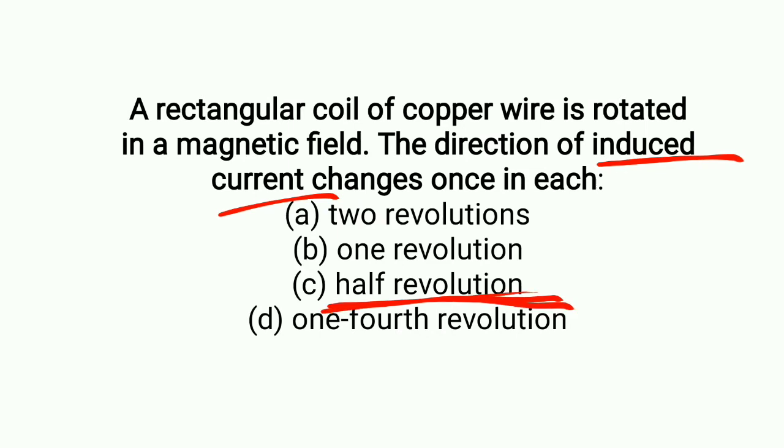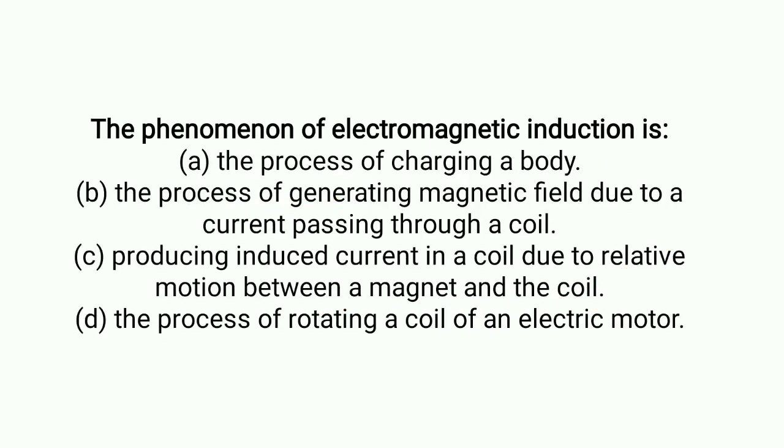The phenomenon of electromagnetic induction is producing induced current in the coil due to relative motion between the magnet and the coil. So option C is the correct answer.